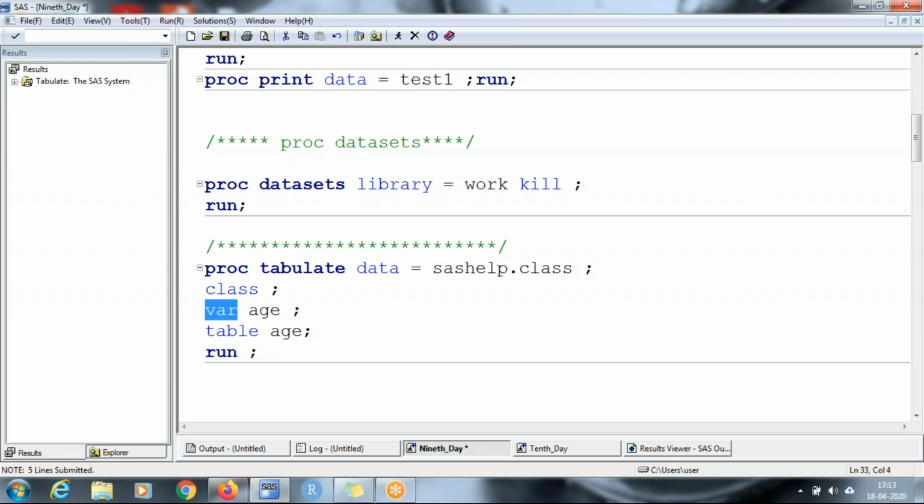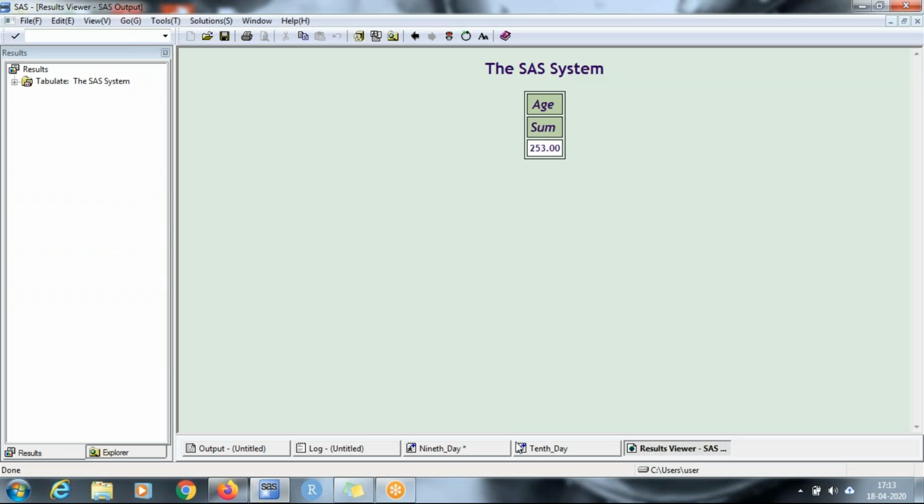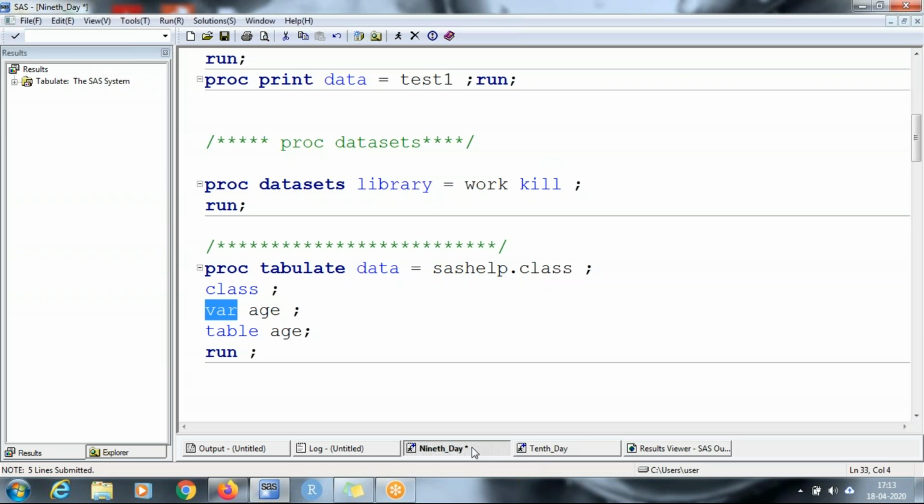By default, the analysis of a numeric variable would always be a sum, and by default, the summarization of any variable would be count. All right. Now, what would happen if I define this variable over here?